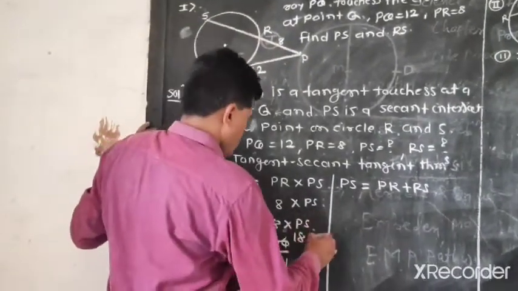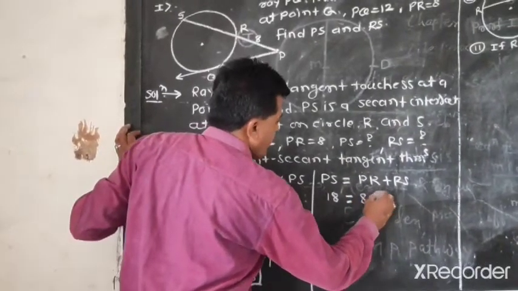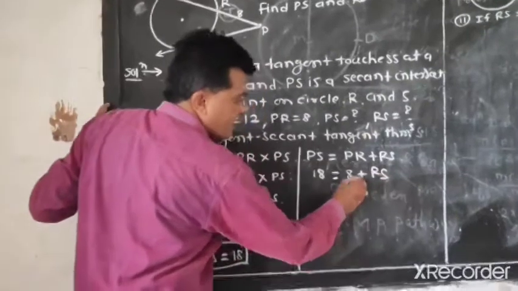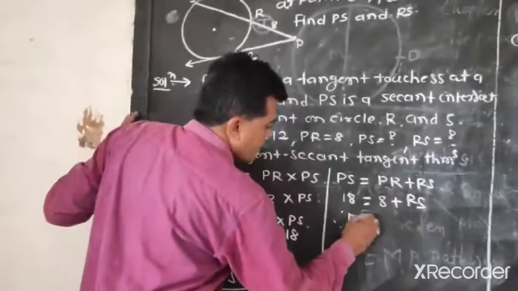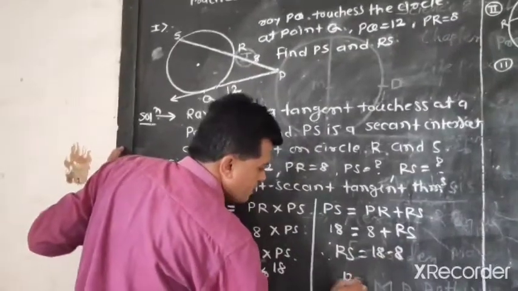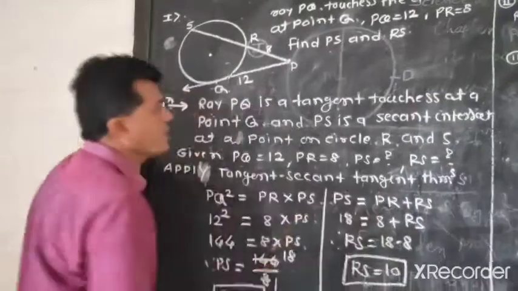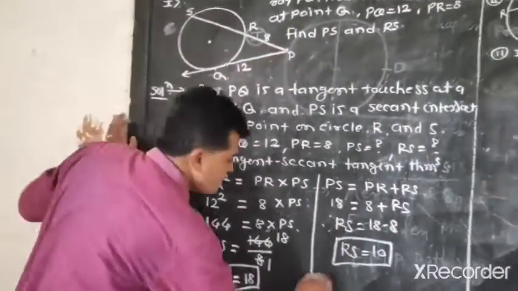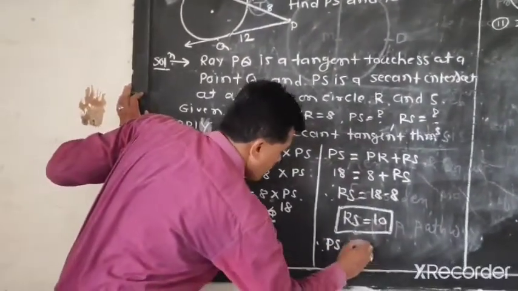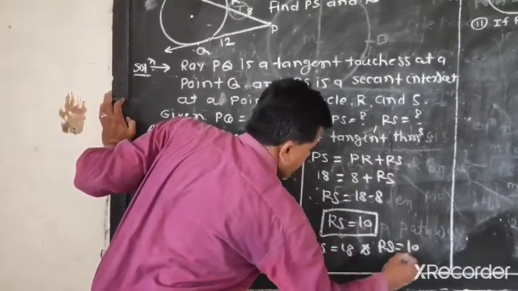PS is equal to 18 and PR is equal to 8, so find RS. Transferring 8 there, it becomes minus, so 18 minus 8 is equal to RS, which is 10. That is the first example. So PS is equal to 18 and RS is equal to 10. Now there is the answer.